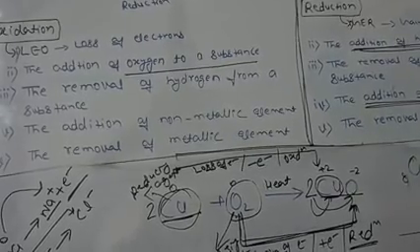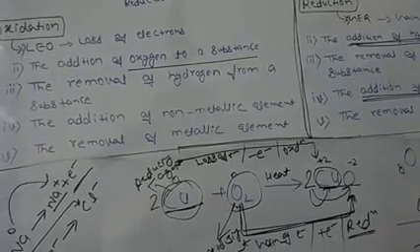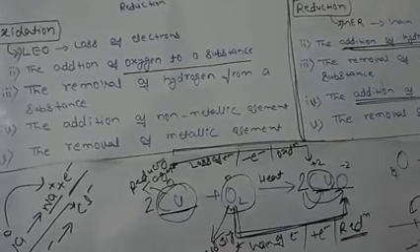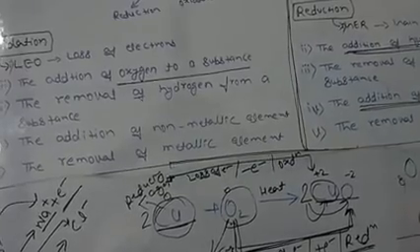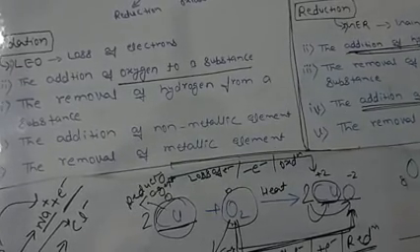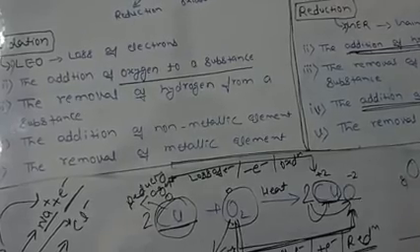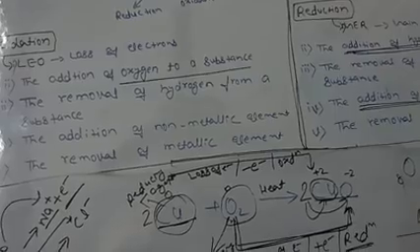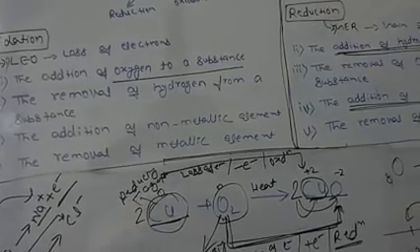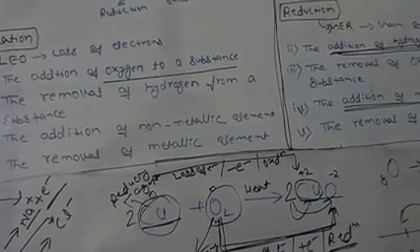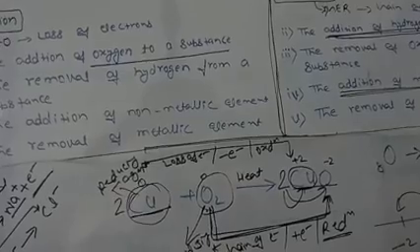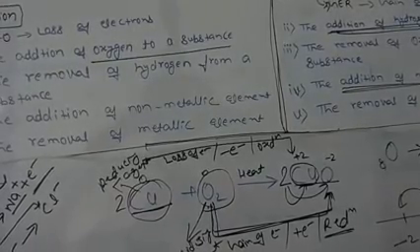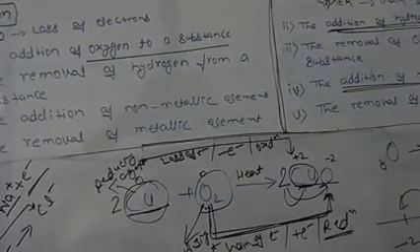When you keep an iron metal in the open atmosphere, it reacts with moisture or air, then it becomes ferrous oxide. Because it is reacting with oxygen, this corrosion is called oxidation reaction.